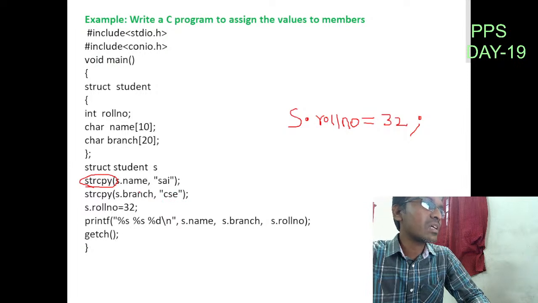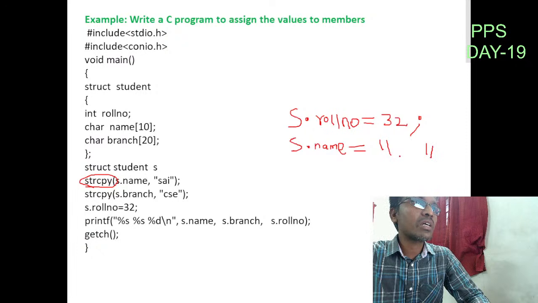Like this also we assign the values to the structure members. Otherwise we use a structure variable followed by the dot operator and followed by name. So name is equal to, and since name is a string, you write it in double quotes followed by the name of the student.